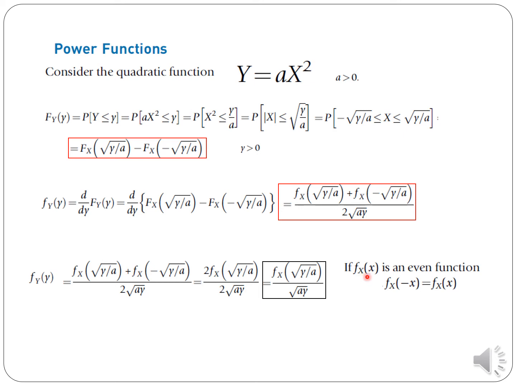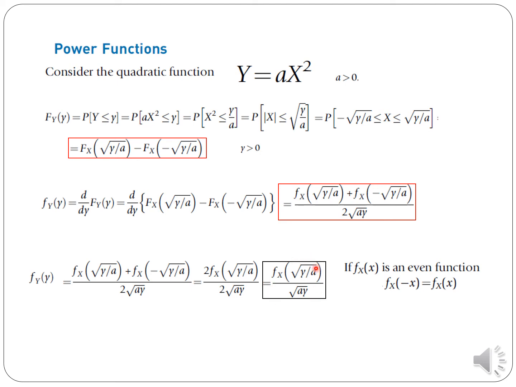If fx is an even function, we can write f x of minus x is equal to f x of x. This is the property of an even function. We know it is symmetric about the y-axis. In that case, you can rewrite these two terms, and they will add up, and it will look like this. We are going to use this in our next example.